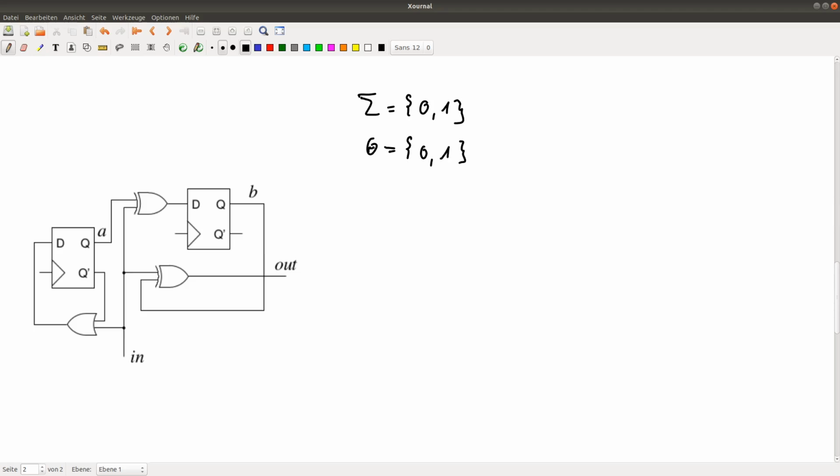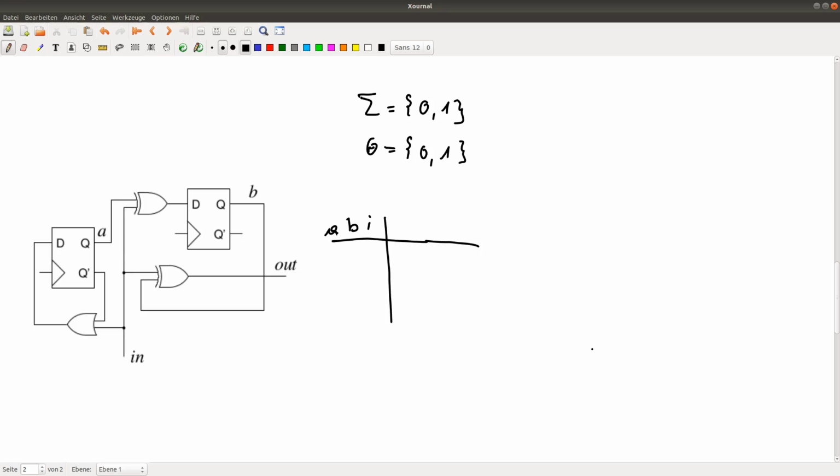And we have two flip-flops, A and B, and several logic gates, and these define how we have the state transitions. Now let's have a look at how we get information on our states and the transitions.